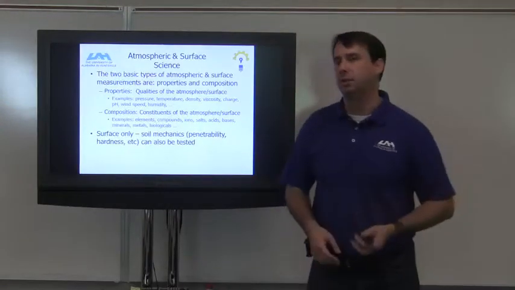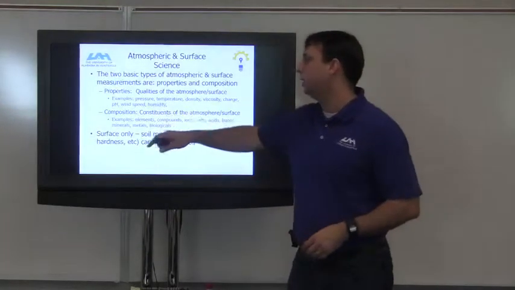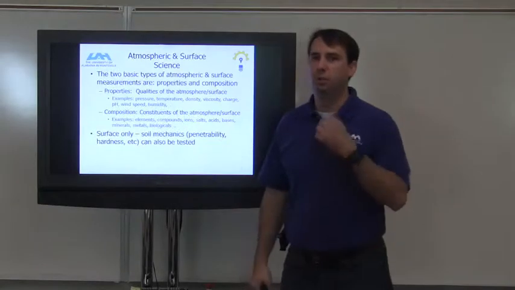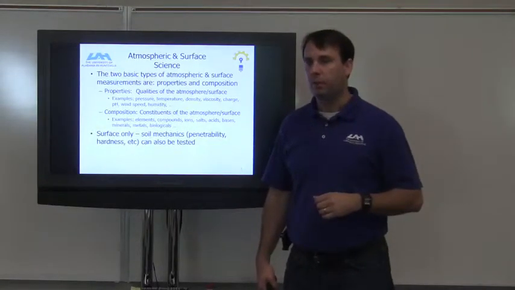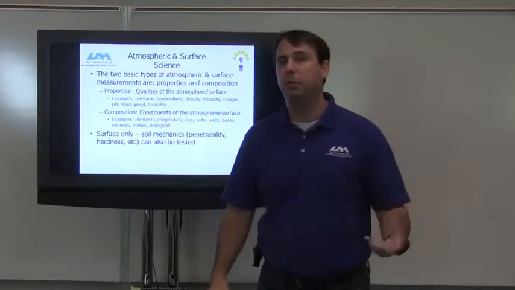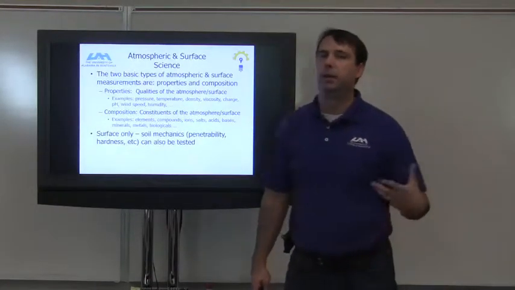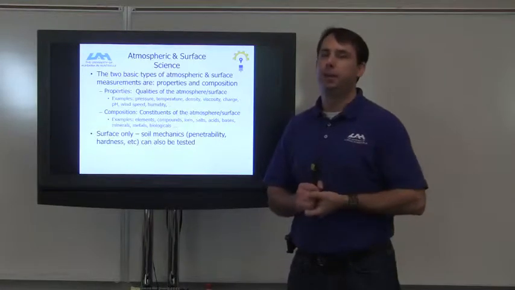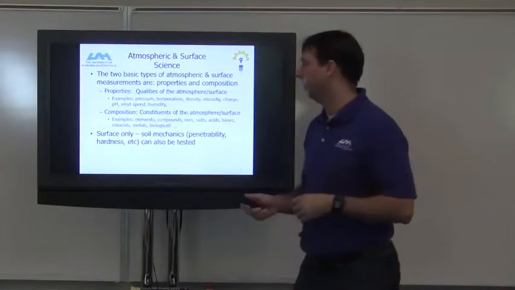Properties are the qualities, composition are the constituents of it, okay? You can measure properties or composition, or both. Sometimes it's hard to measure both, but both is what scientists really want, but that takes a lot of mass, and you guys only get 5 kilograms.